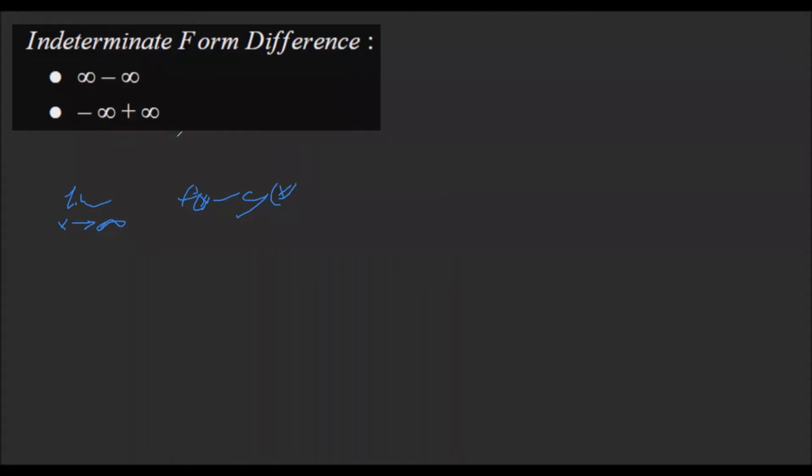So let's say that f of x is 1 over x minus 1, and g of x is 1 over natural log x, for example. Both of these would be indeterminate. And if you'd like to find the true value, you could combine these into one fraction and end up with natural log x minus x minus 1 over the product of the two.